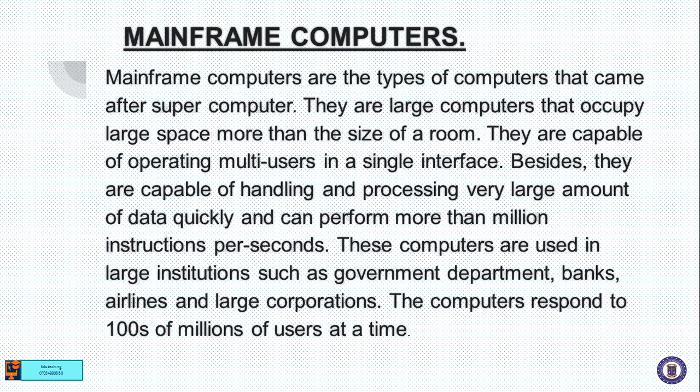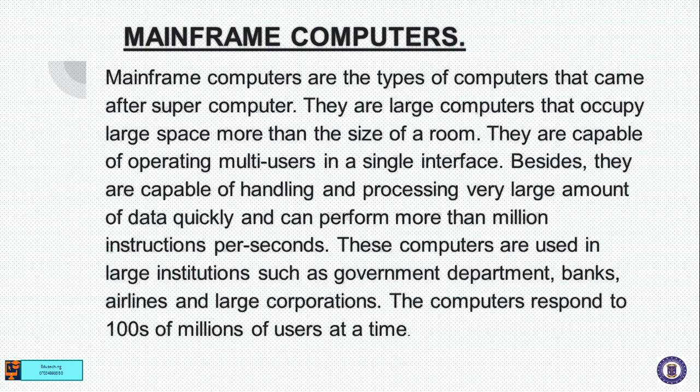When we talk about processing data into information, they can process very large amounts of data quickly because of their speed. They said that they can perform more than millions of instructions per second. You can see how powerful the mainframe computer is.